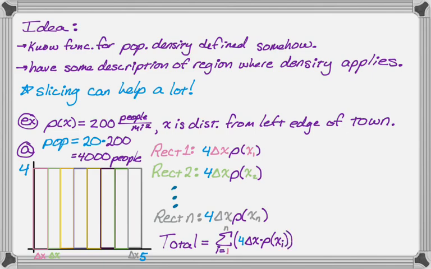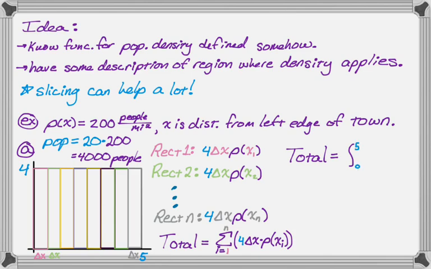Then if you remember when you learned about Riemann sums, when you take the limit of these sorts of summations, they become definite integrals. So the actual total is the limit as n approaches infinity of that summation, which is going to be the integral. Delta x is along the axis that goes from 0 to 5, so my bounds are going to be 0 to 5.